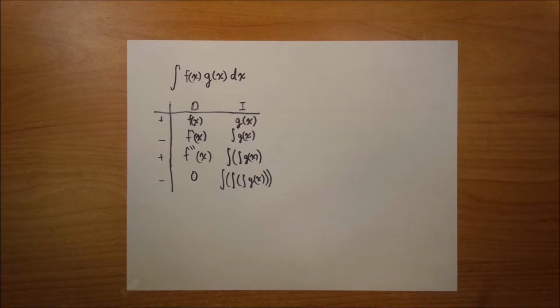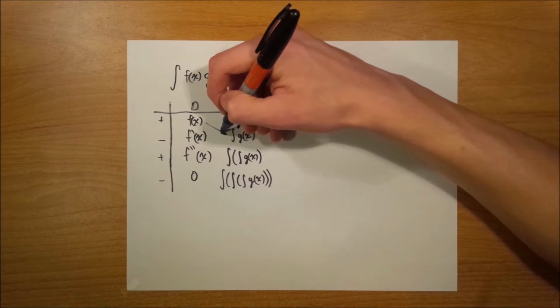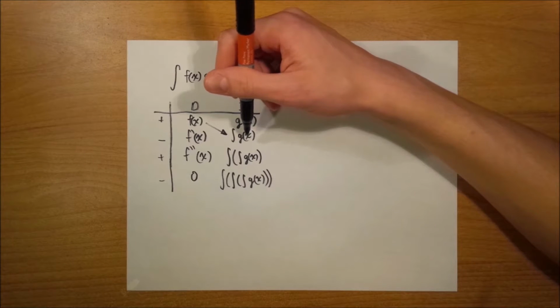Afterwards, it is a question of adding the product of the diagonal terms going down and to the right.